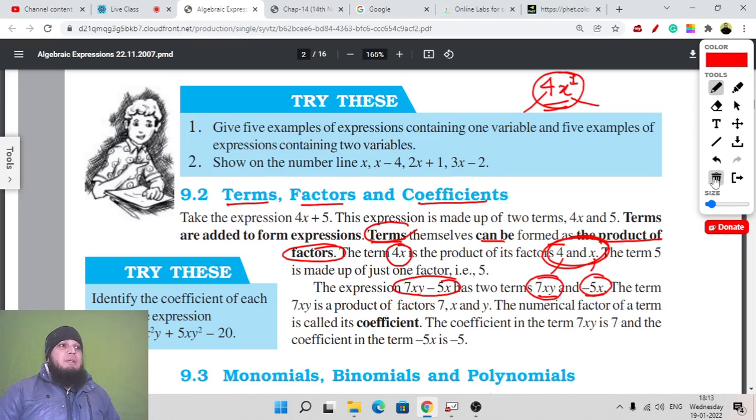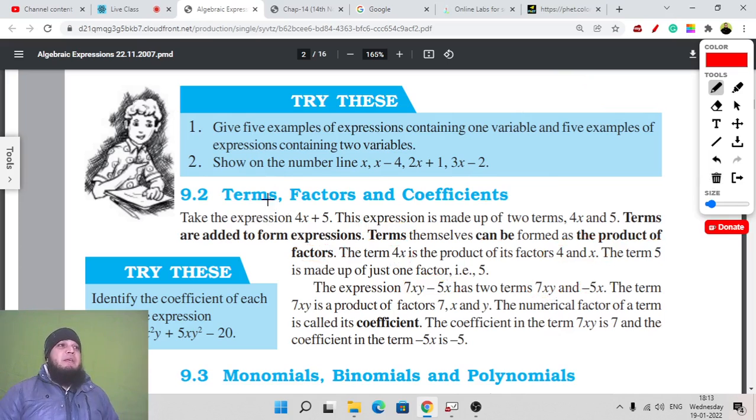So the terms are the products of the factors. In 4x, this 4x is a term, 4 is one factor and x is another factor.